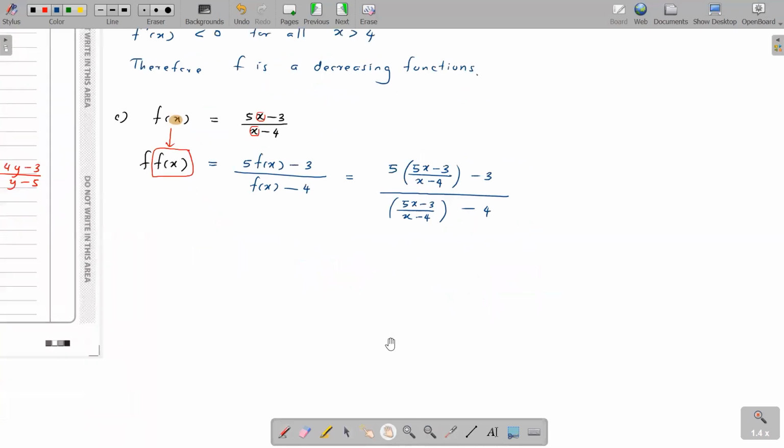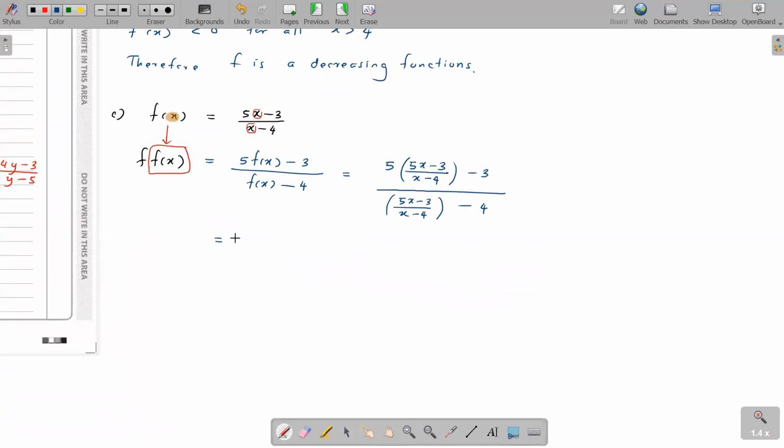Now how do we simplify? To do simplifications like this, I prefer to write this as a division. 5 times (5x minus 3) over (x minus 4), minus 3, divided by (5x minus 3) over (x minus 4), minus 4.